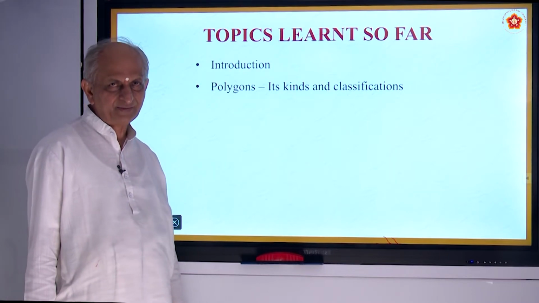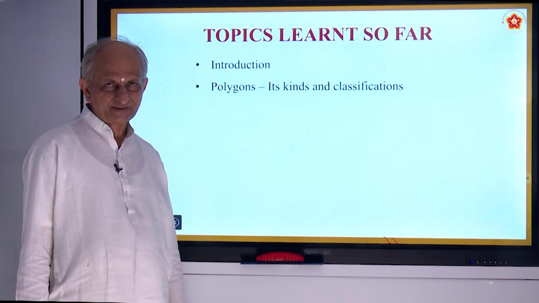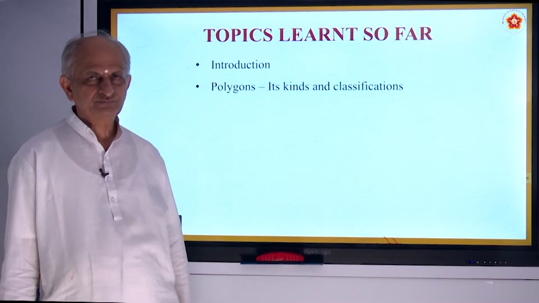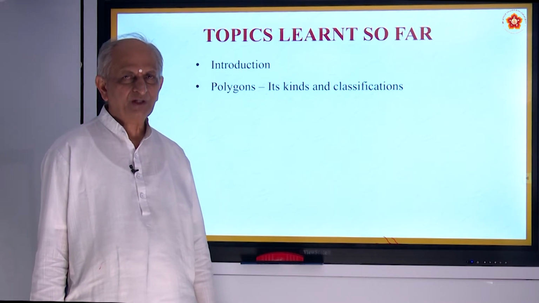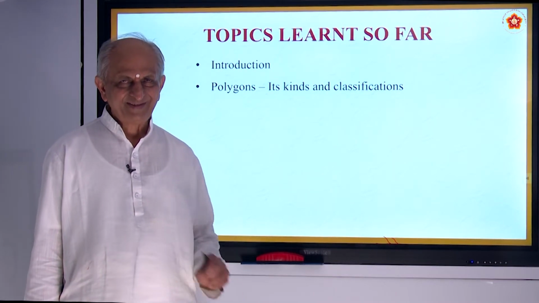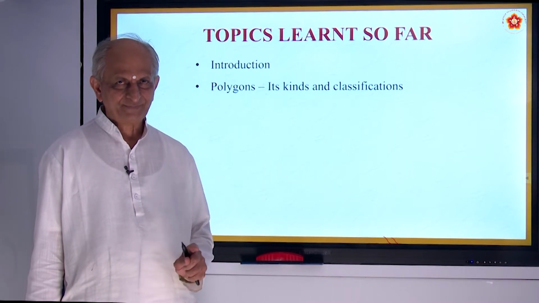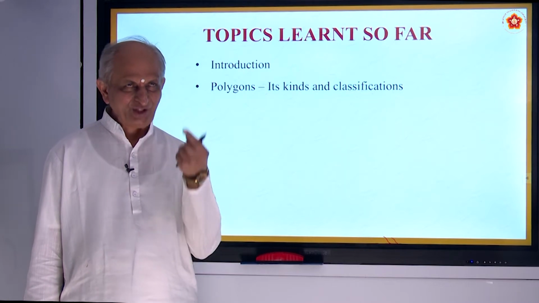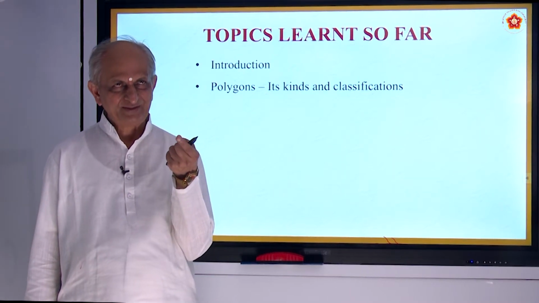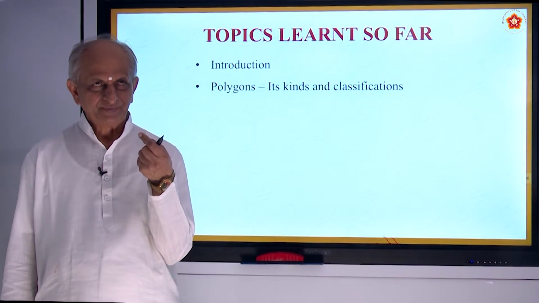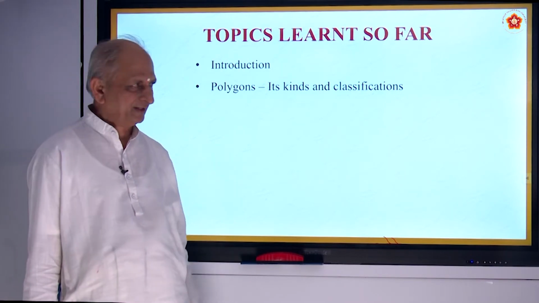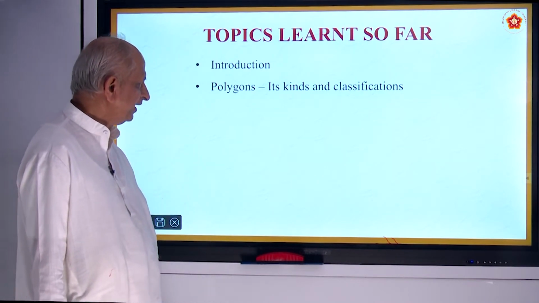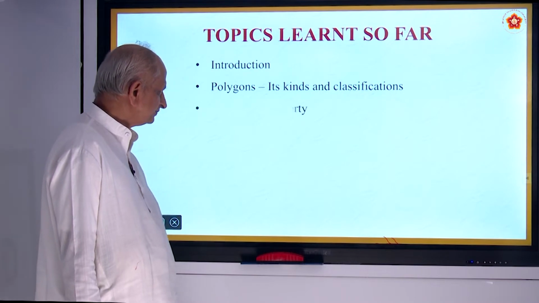Yes, pentagon. 6th one, hexagon. 7 sides, heptagon. 8 sides, octagon. 9 sides, nonagon. 10 sides, decagon. And of course, it continues like that. For example, 12 sides we call dodecagon. If 20 sides, icosagon. Like that, there are different names given to different kinds of polygons depending upon the sides.